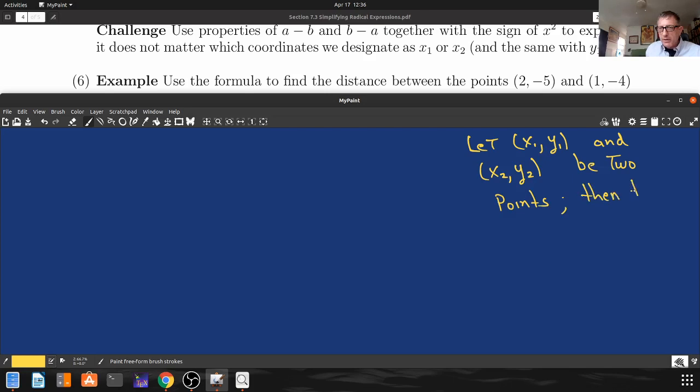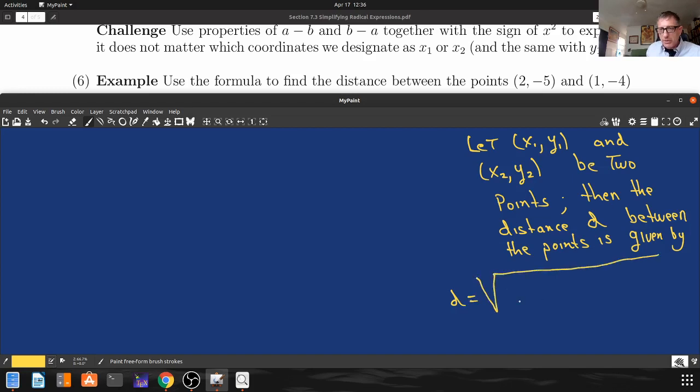Then the distance d between the points, so the distance is going to be always a positive number or 0, is given by, here's the formula, d is equal to the square root of x2 minus x1 squared plus y2 minus y1 squared.